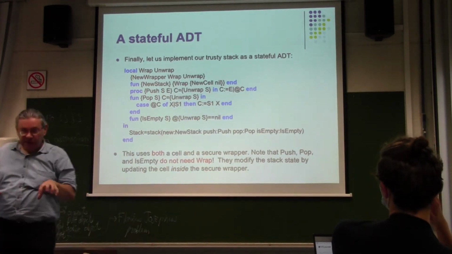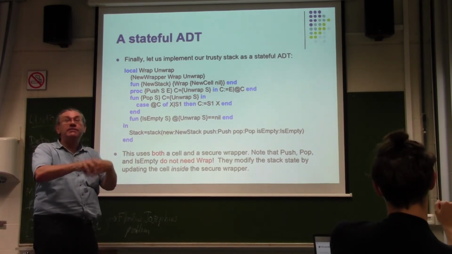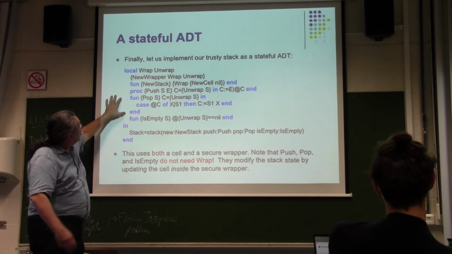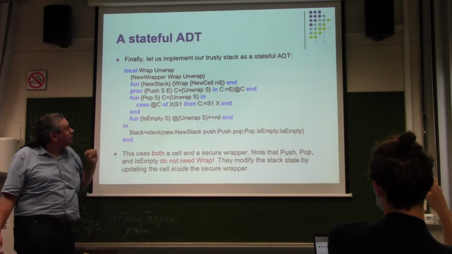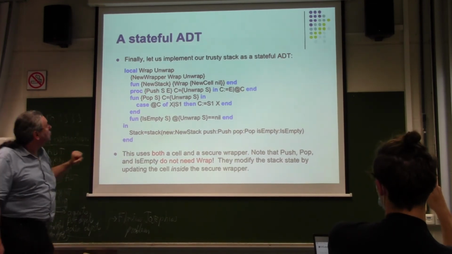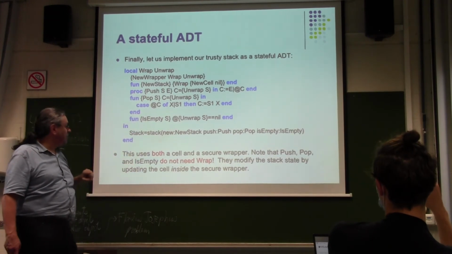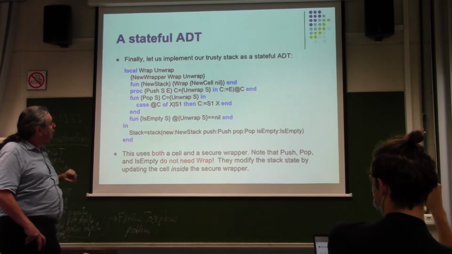So the abstract data type values are not constants. I'm updating them inside the abstract data type. This is also a data abstraction, called a stateful abstract data type. It's using both a secure wrapper and a cell. Notice that I'm almost never using wrap.